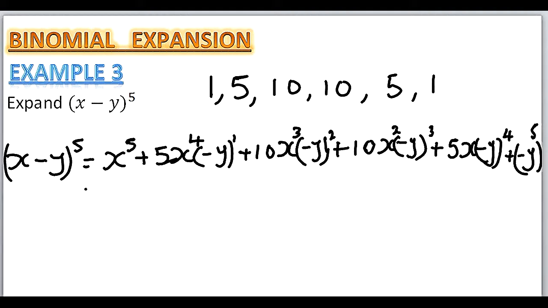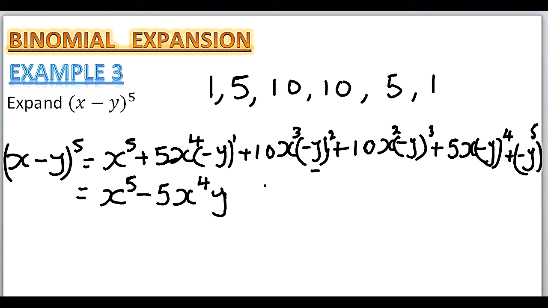Now we expand. Now we say this is equals to x raised to power 5. Now this is minus y, so minus y raised to power 1 will give us a minus sign. So here we have a minus 5 x to power 4 y. Then here we have minus y squared.